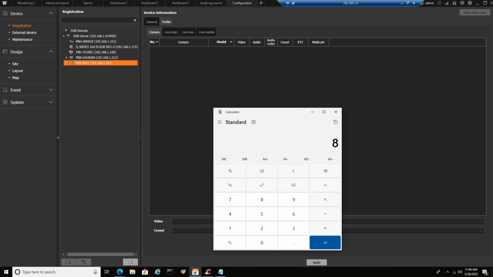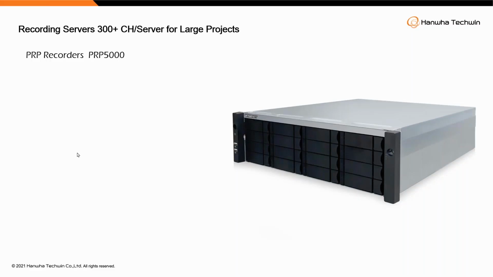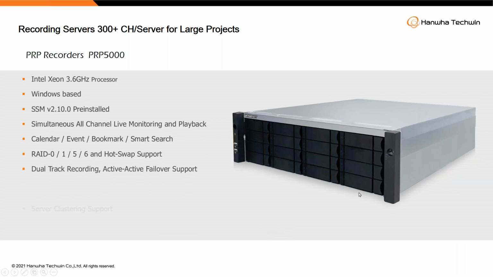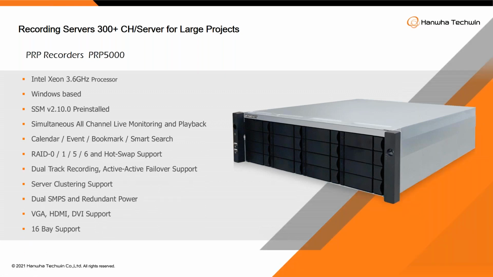Another option is, okay, for example, let me see. So this is one server. It has built-in 16, some of them have 24 hard disks. So this is with built-in storage.